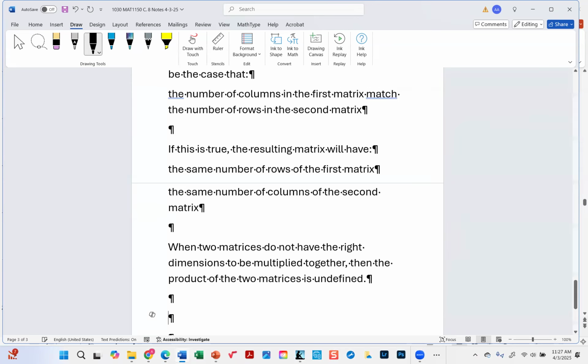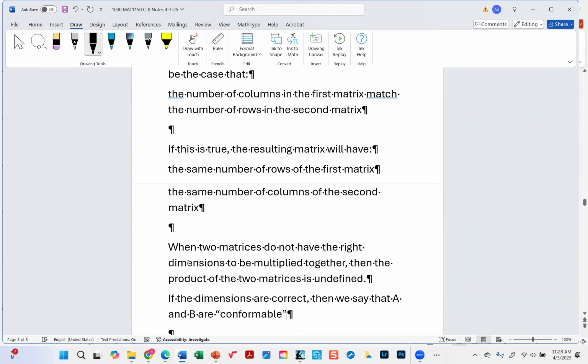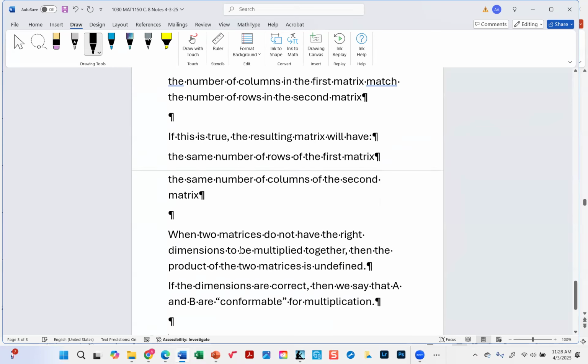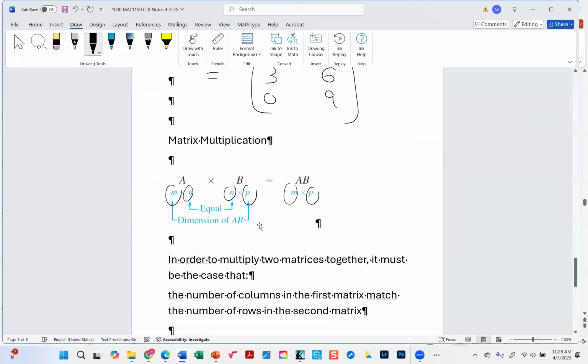But if the dimensions are correct, like they were here, then we say that A and B are conformable for multiplication. In other words, they can be multiplied. That's all it is. Like here, that was the case. So here, A and B are conformable for multiplication.